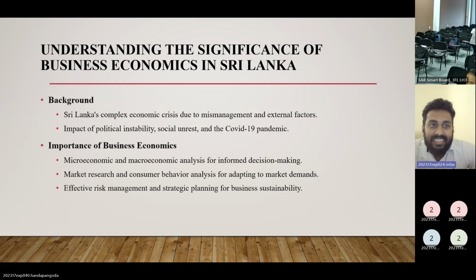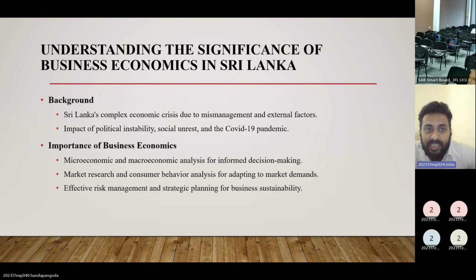Sri Lanka is currently dealing with a challenging economic crisis resulting from mismanagement and external factors, political instability, social tension, and the ongoing effect of the COVID-19 pandemic. And then we focus on the importance of business economics.